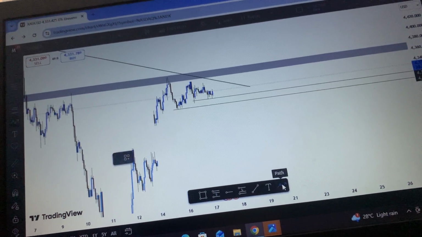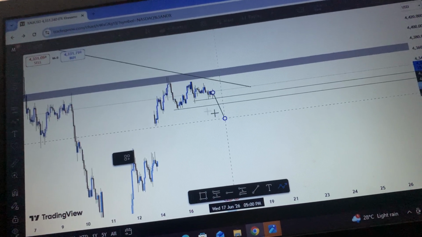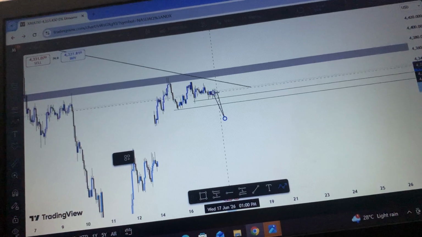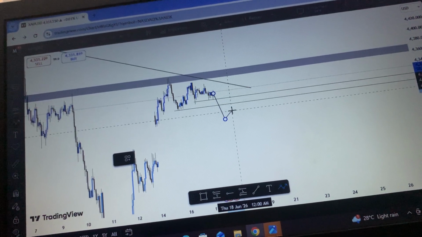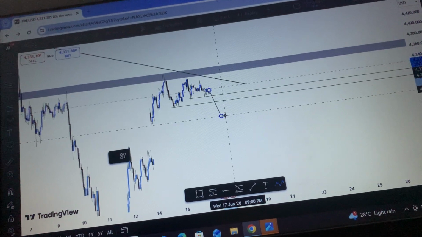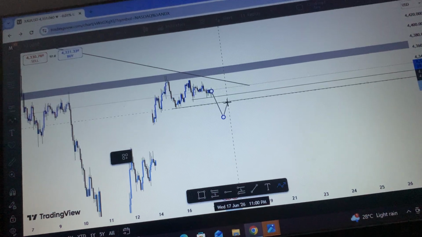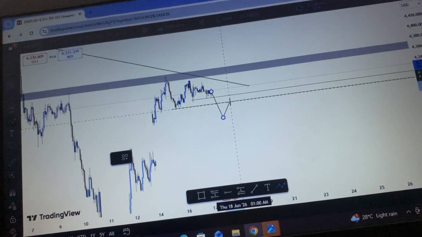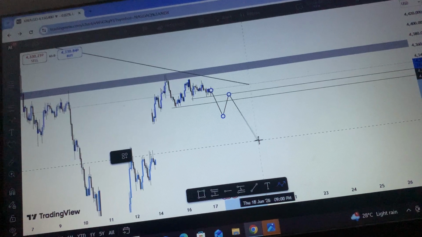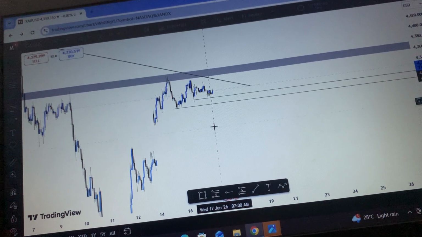So assuming the market now comes back and breaks our last low, this confirms to us that yes, this downtrend is about to start happening. So as traders, we are going to take advantage by looking for sell opportunities. We are going to patiently wait and see if the market taps this area, or this area, or this area, then we take the continuation of the downtrend, which is the bearish structure.